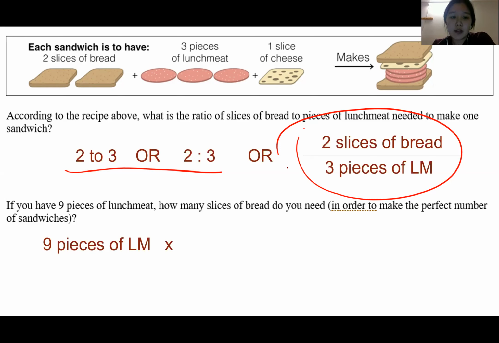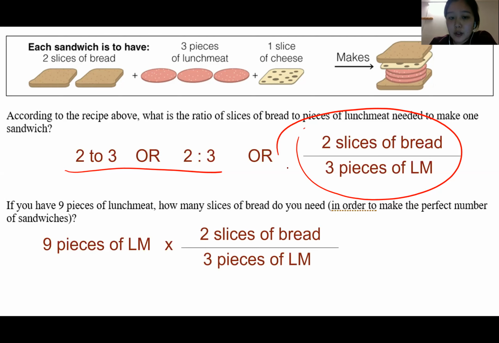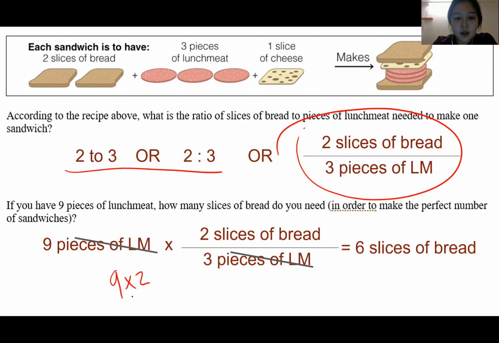You multiply 9 pieces of lunch meat by the ratio, 2 slices of bread over 3 pieces of lunch meat. The math is 9 times 2 divided by 3, and we get 6 slices of bread. This is the type of math we're going to do for this topic.